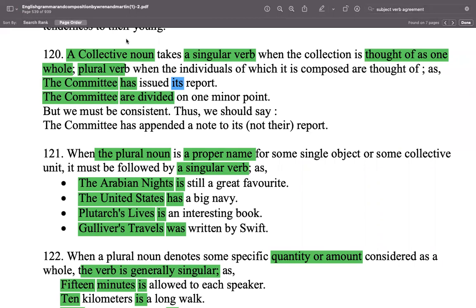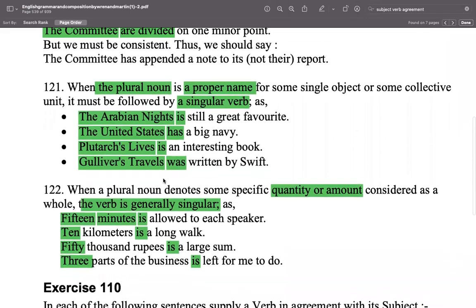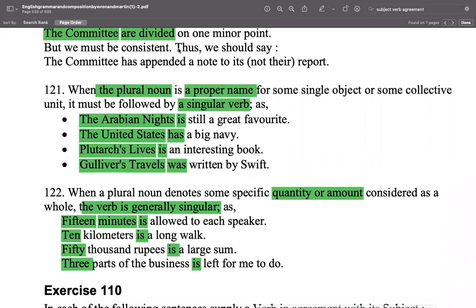More rules are there, which will be taught to you, and after that we will finish this. The next one is stated when the plural noun is a proper name. Let's say somebody's name is John Keats, Arabian Nights, United States, Plutarch's Lives, Gulliver's Travels.